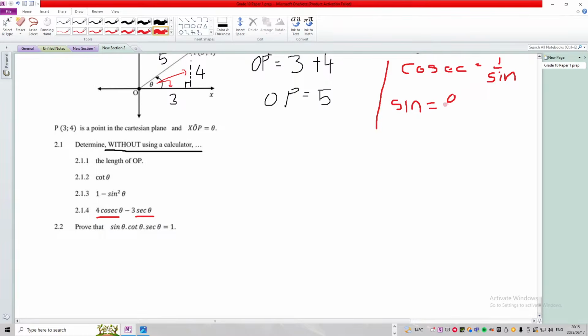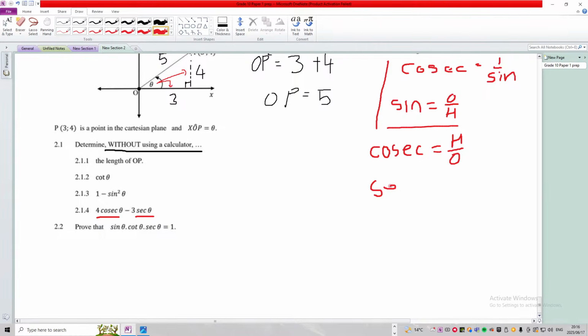You use your hands, but you can't write with your hands in the exam. So cosec is the inverse of sine, and we know cosec to be hypotenuse over opposite.